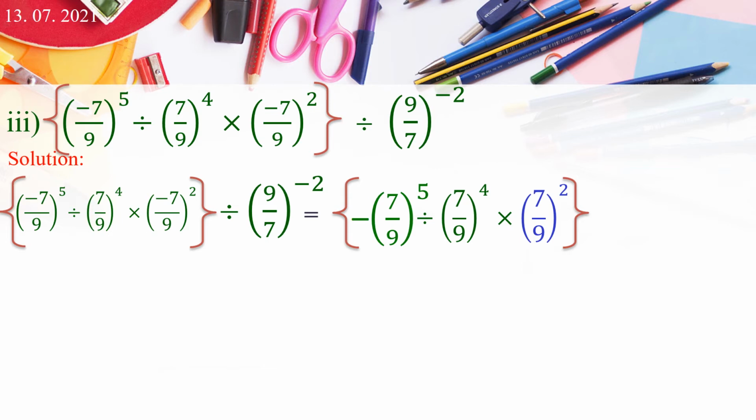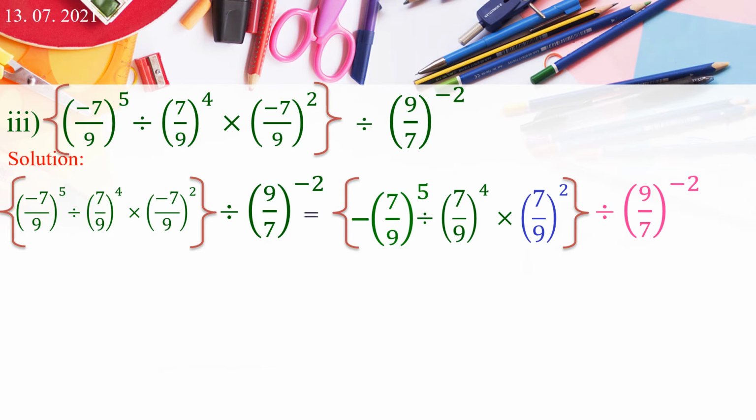The minus sign is brought out commonly because the answer we will get will be negative. Likewise, the third term minus 7 by 9 whole square can be written as 7 by 9 whole square because a negative number with an even exponent gives a positive result. So then divided by 9 by 7 whole power minus 2.